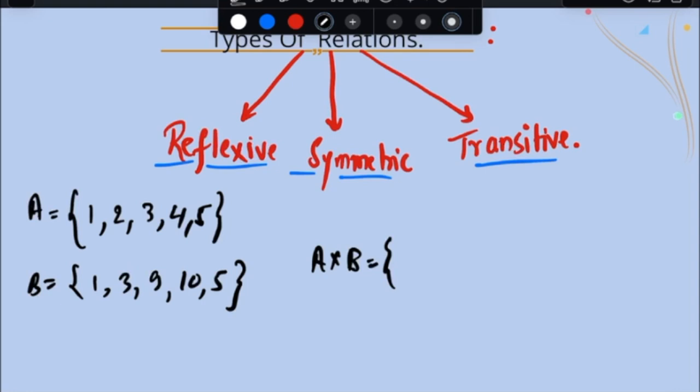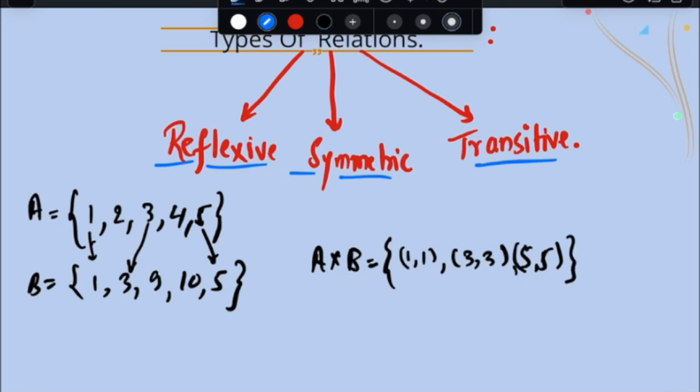So if I connect 1 from 1, 3 from 3, and 5 from 5, as you can see, both the elements taken from set A and set B are same.